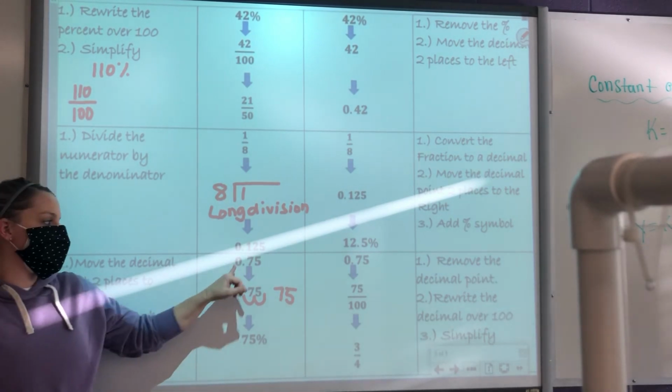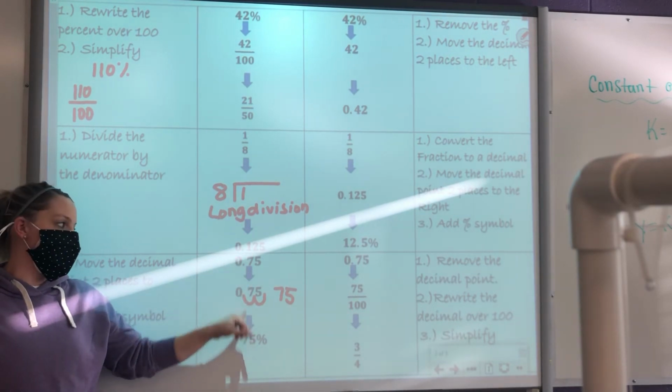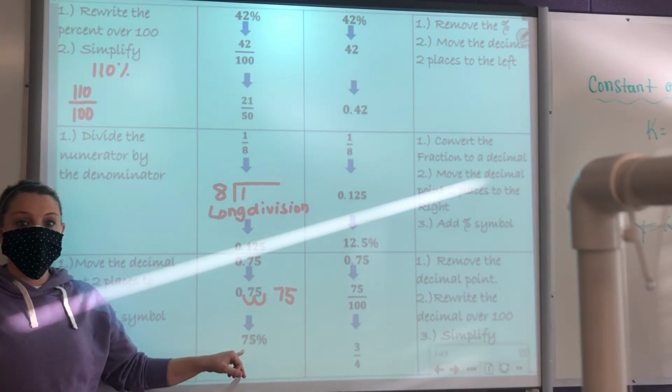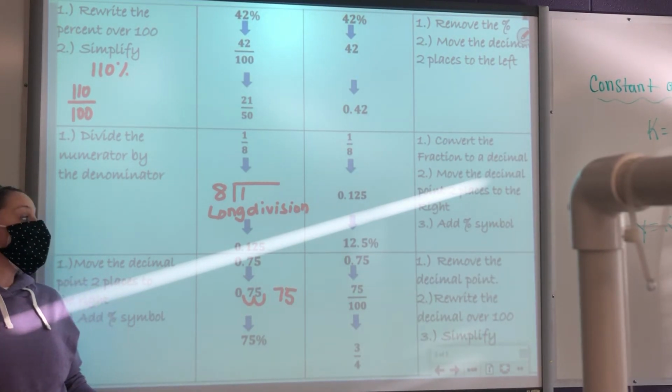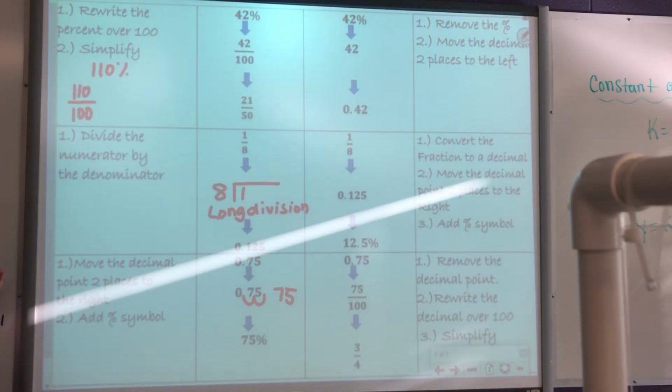Basically what we're doing to convert a decimal to a percent is multiplying by 100. Okay, so to convert from a decimal to a percent, we multiply by 100.